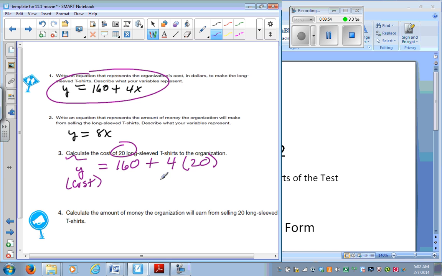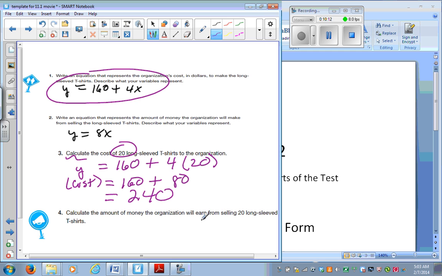So 4 times 20 is 80, plus 160. So 160 plus 80 means that it's going to cost the organization $240 in order to buy and produce 20 long sleeve t-shirts.